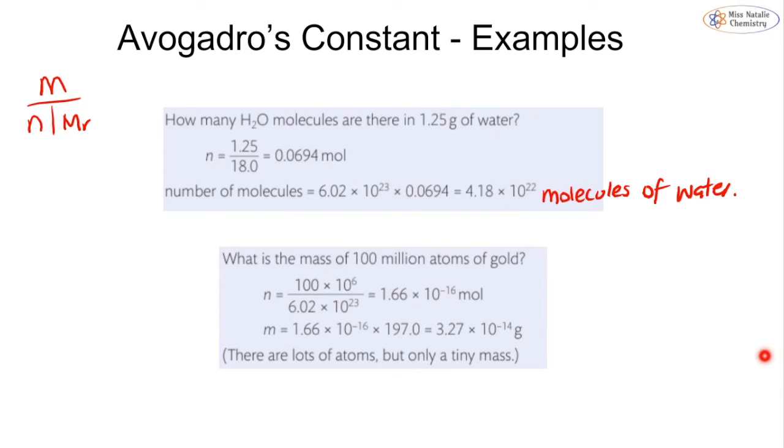I divide that by 6.02 times 10 to the 23, and that gives me 1.66 times 10 to the minus 16 moles. Very, very small number. And I multiply that by the relative atomic mass of gold, and that gives me 3.27 times 10 to the minus 14 grams. So whilst 100 million atoms may sound like a lot, it is actually a tiny, tiny mass.